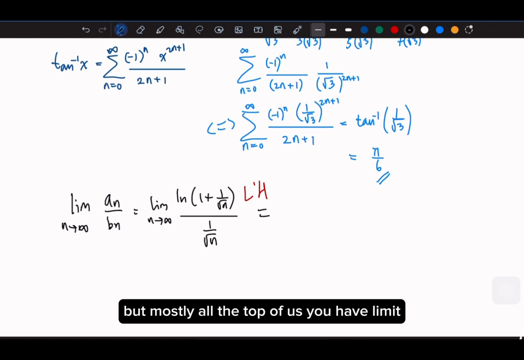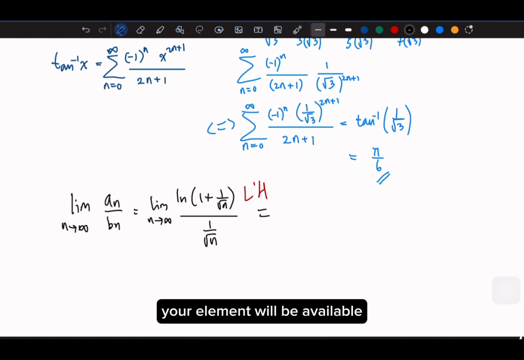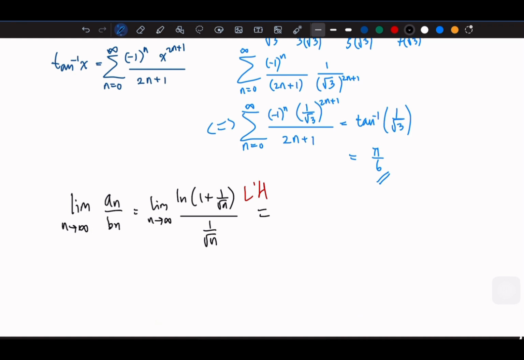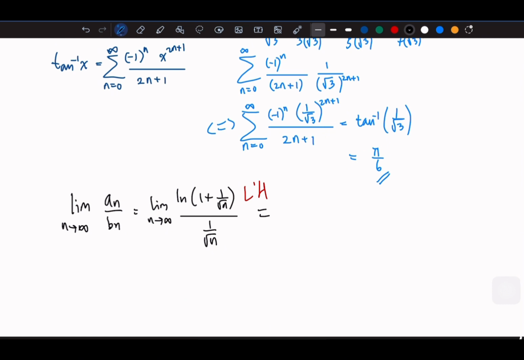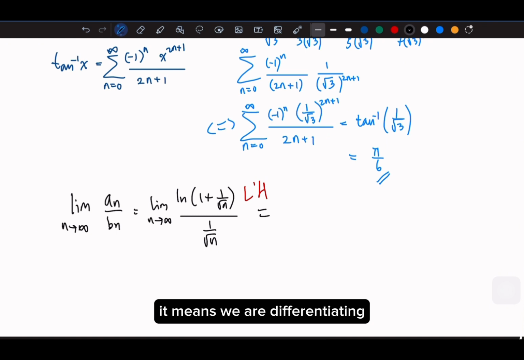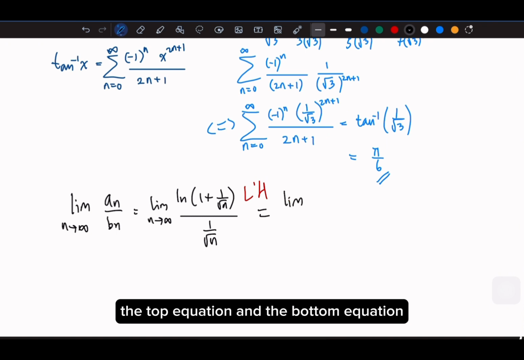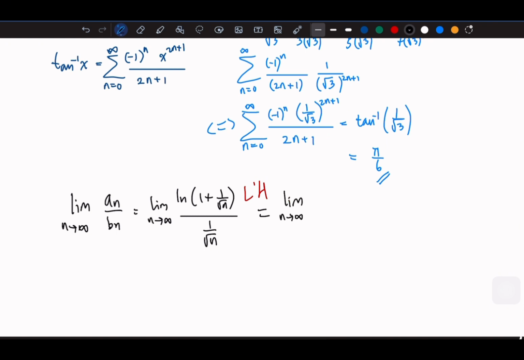But mostly in calculus, you have a limit, you have ln, use L'Hopital's rule. But you need to check first: 0 over 0 or infinity over infinity. Then you can take L'Hopital. It means we are differentiating the top and the bottom.